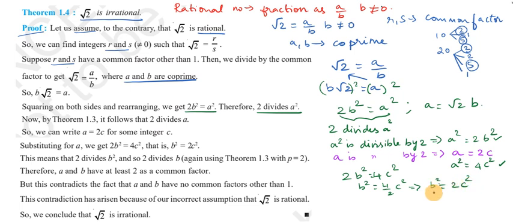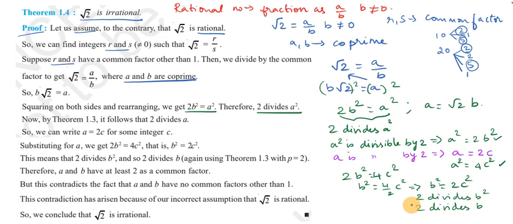Now with this what can I say? I can say that 2 divides b square. So I can also say 2 divides b by theorem 1.1 again. See, here we said that 2 divides a square.